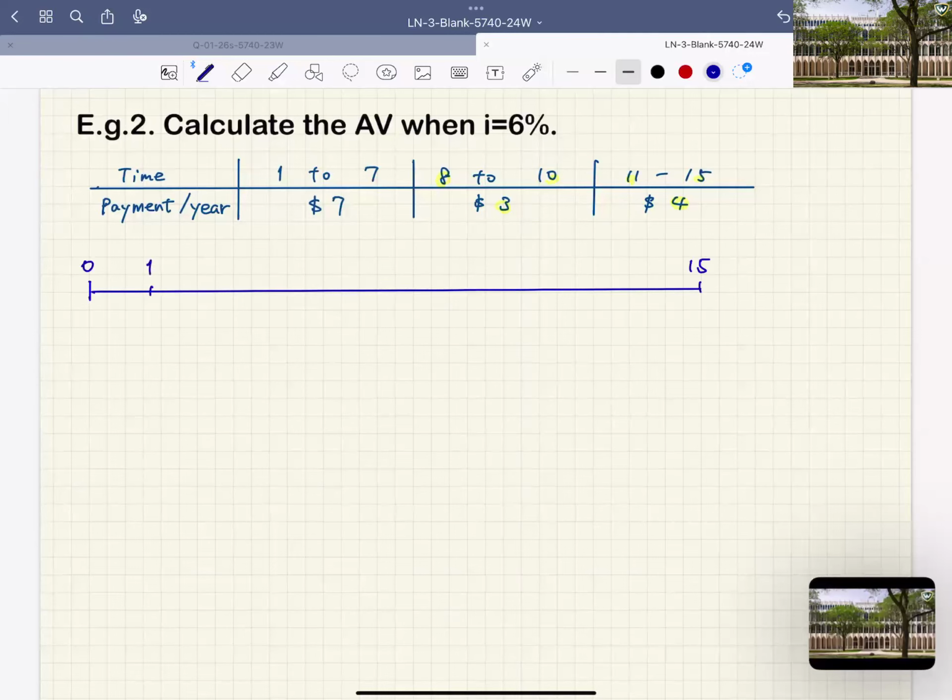For 1 to 7, we have $7 each. And for 8 to 10, 8, 9, 10, we have $3 each. Then for 11 to 15, we have $4 each. What's the accumulated value here? Can anyone guess?